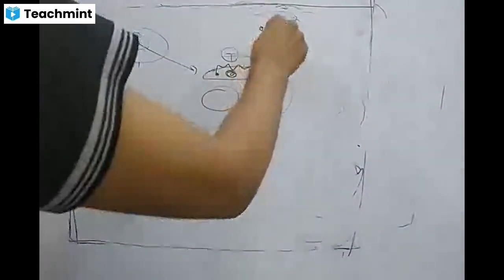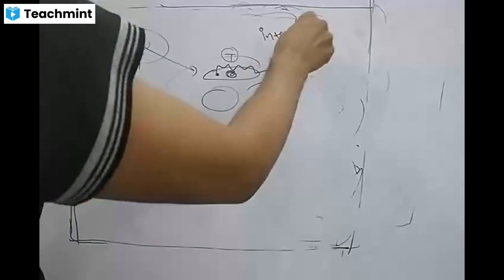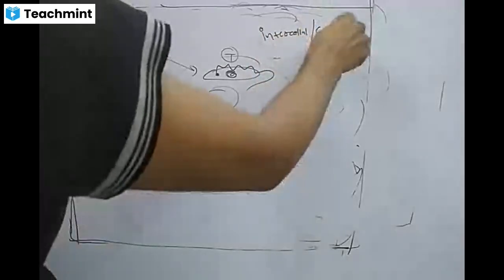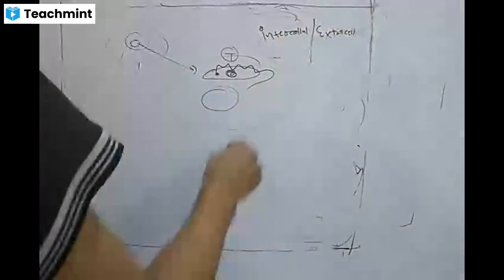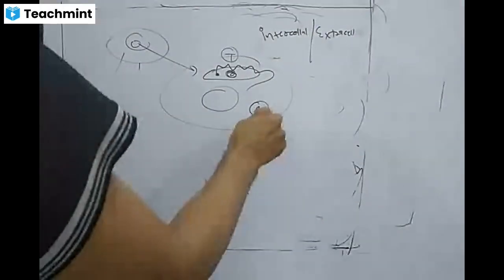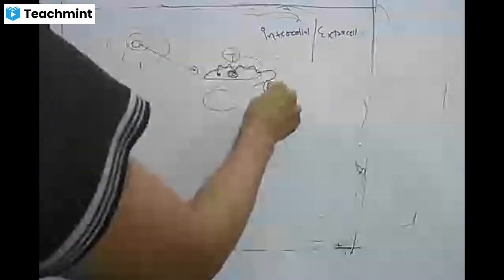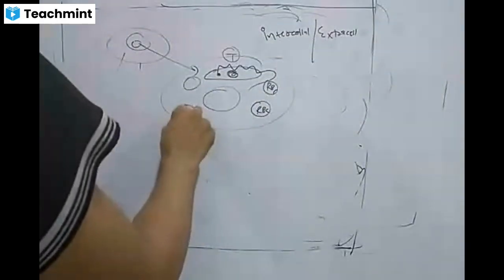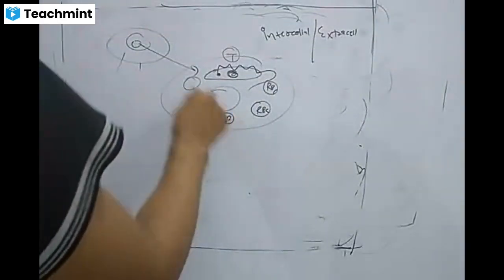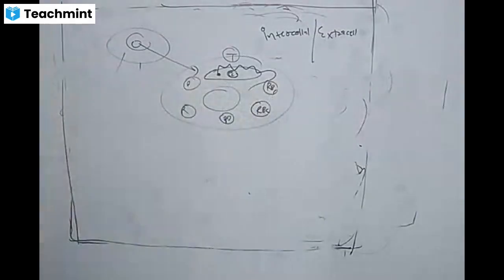We call Trypanosoma intercellular, or we can call it extracellular. These are the RBCs present around it. So this is not present inside your cells. It is inter, or you can say extracellular, this form.